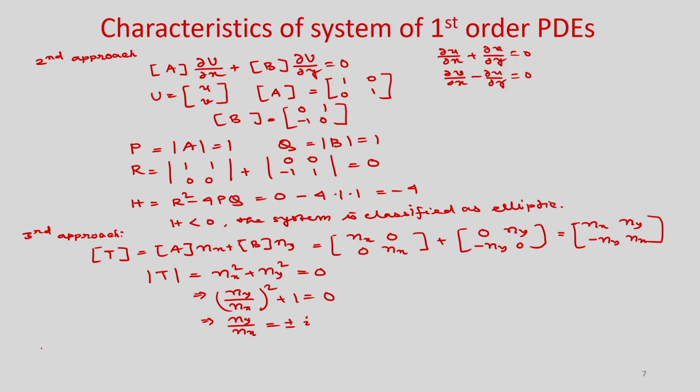So, obviously, the system of equations will be elliptic. That means the characteristic normals are complex, so the system is elliptic.